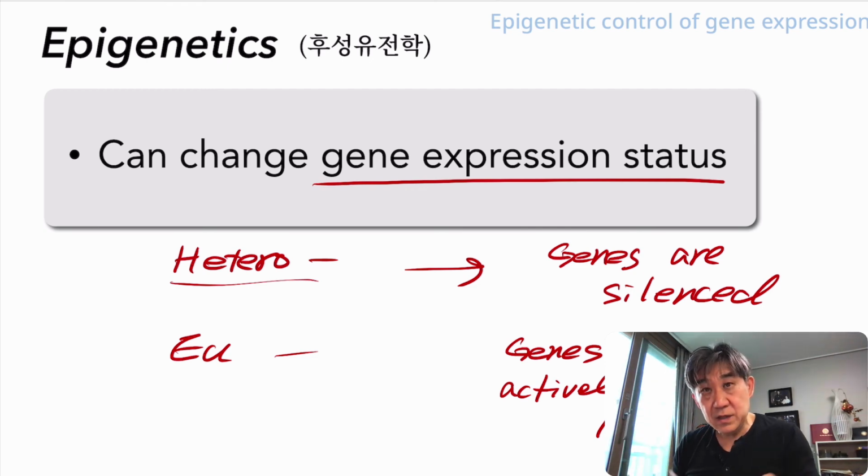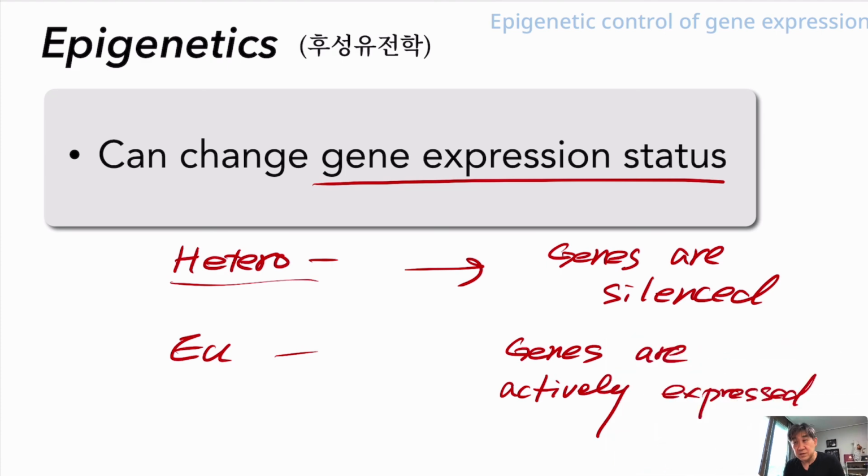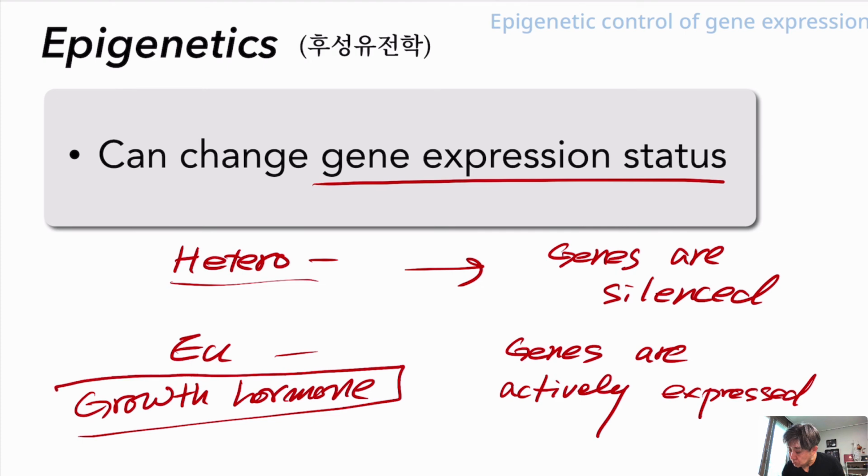And then how can the difference in gene expression level make a different trait? One very good, obvious example is growth hormone. If you express a high amount of growth hormone, as a consequence you will achieve a bigger body mass.